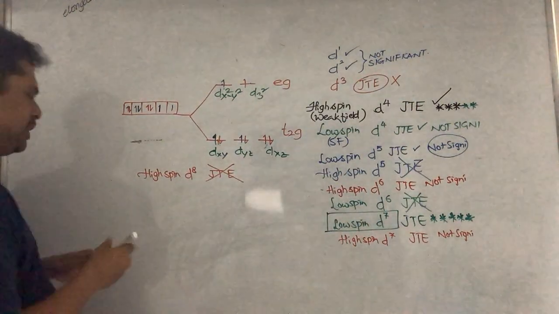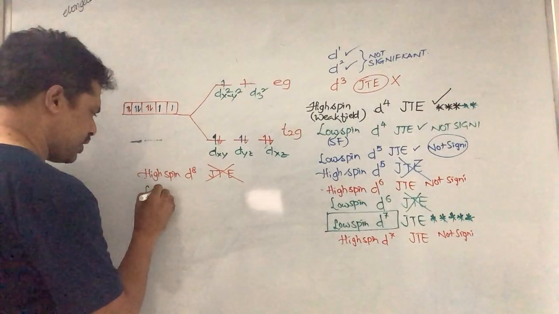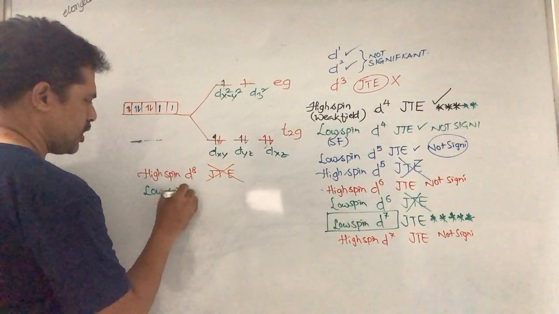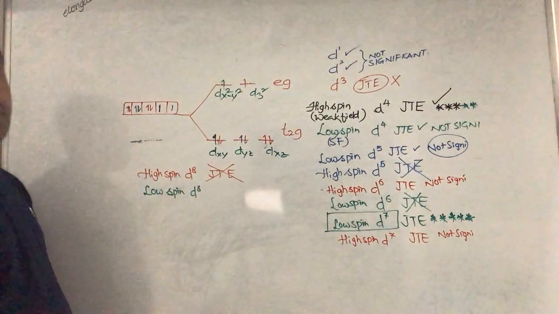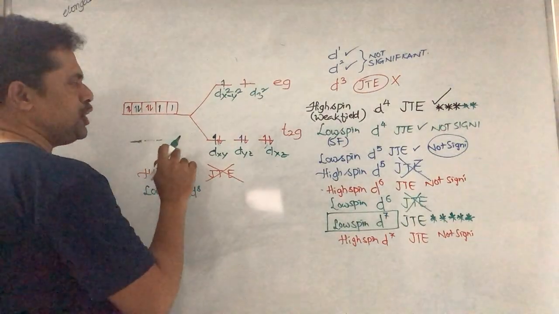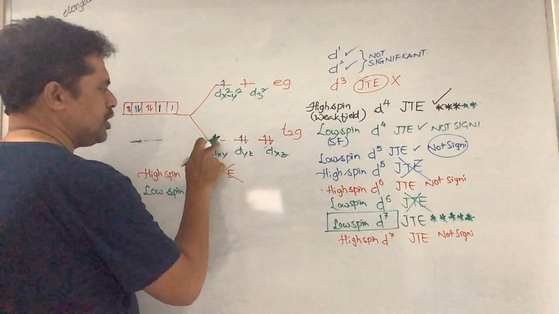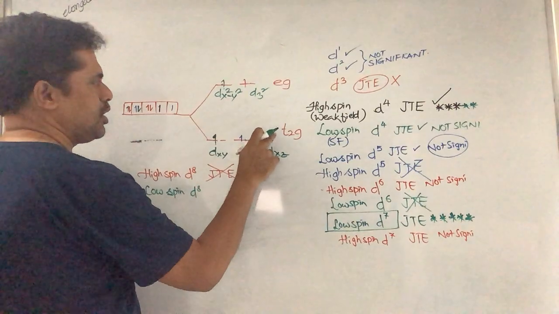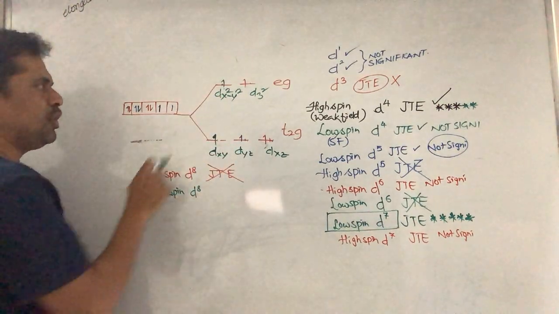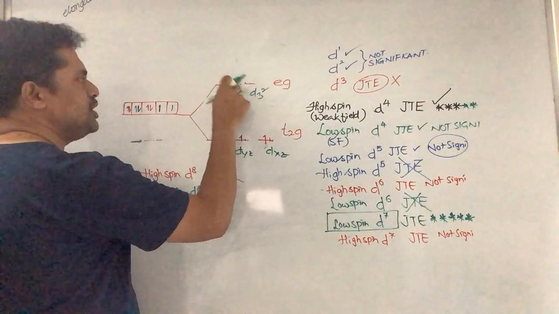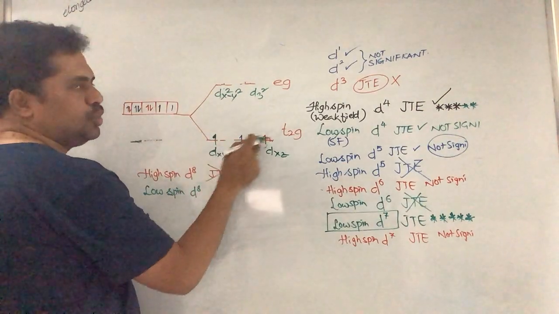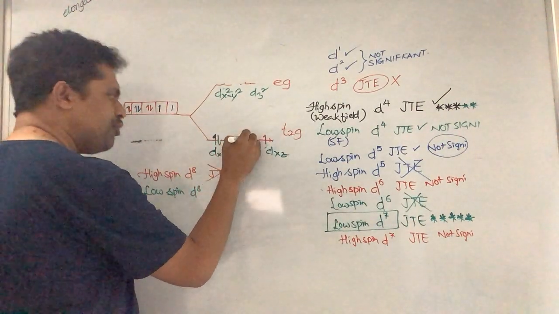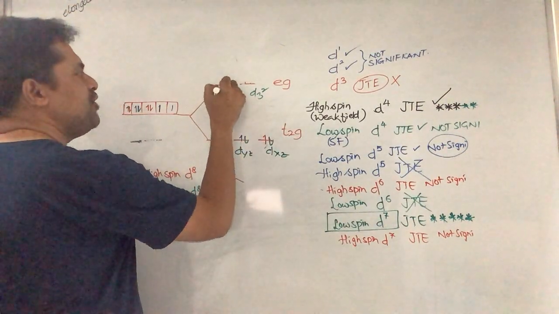What about low spin d8? Low spin d8 means how is it going to be? 1, 2, 3, 4, 5, 6, 7, 8.